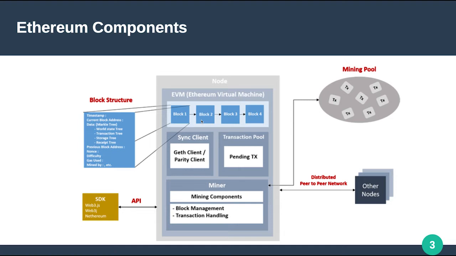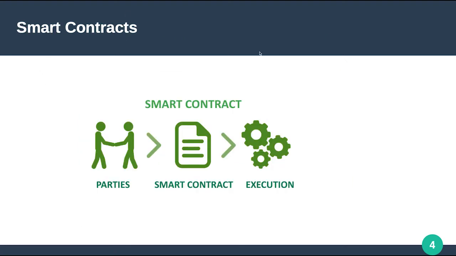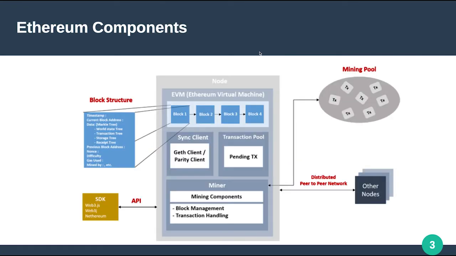A smart contract is basically a persistent piece of code on the Ethereum blockchain, or any other blockchain that supports smart contracts.